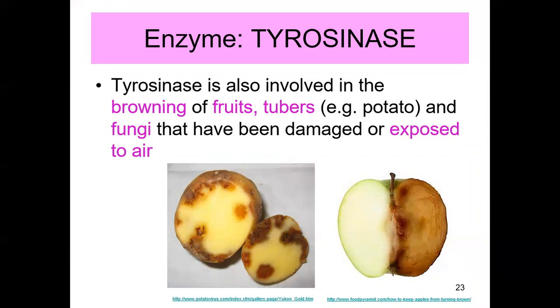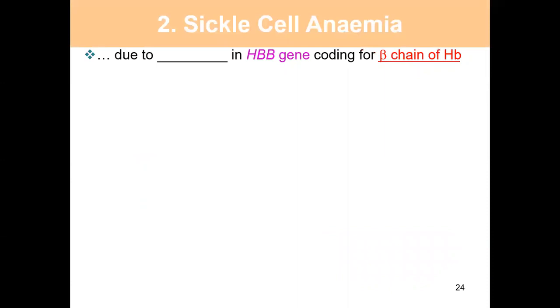Browning of fruits, browning of tubers like potato and fungi, okay, when they have been damaged and exposed to the air. So this tells us that tyrosinase functions in the presence of oxygen to oxidize the substrate into colored pigment.